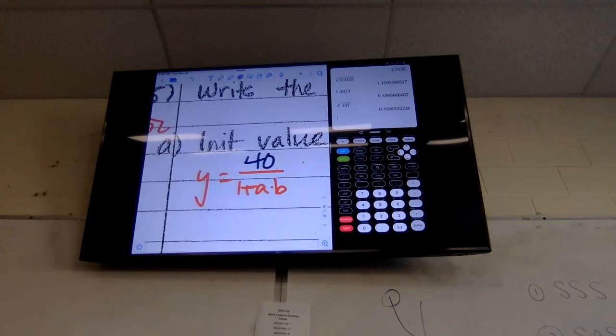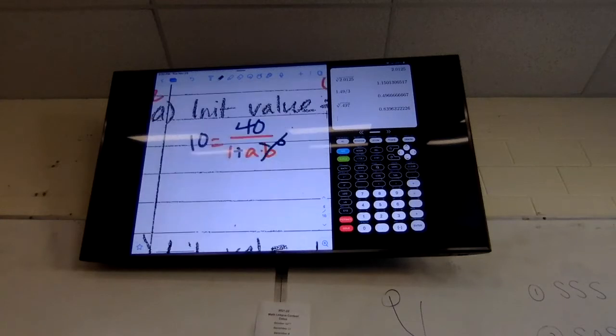Hope everybody's with me. X is 0. Y is 10. This plus sign's all messed up. So we've got 10 equals 40 over 1 plus A times B raised to the 0. Any questions about that? Okay. This B to the 0 just crosses out, so I just have 1 plus A in the denominator.